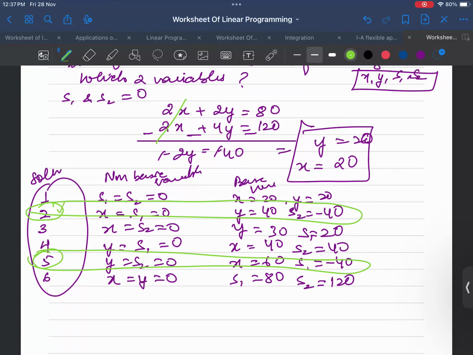I have written asterisks next to them. They are not feasible solutions. Why are they not feasible? Because each of them contains a variable which has a negative value. You can see it's a minus, negative. One of the variables is negative, which is not possible, which means it is not in the feasible region.